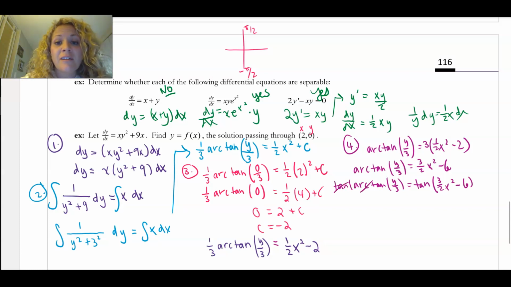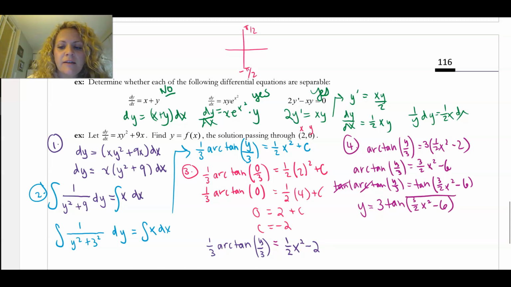Tangent and arctangent undo each other, so now we're left with just y over 3 on the left, which again, to get rid of the division by 3, we need to multiply by 3. So we get y equals 3 times the tangent, because we're tripling the tangent, not the argument. So we won't be distributing that 3 to anything, but 3 times the tangent of 3/2 x squared minus 6. And that is our final answer.